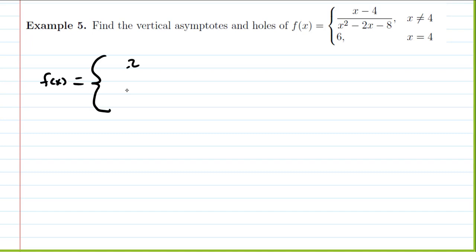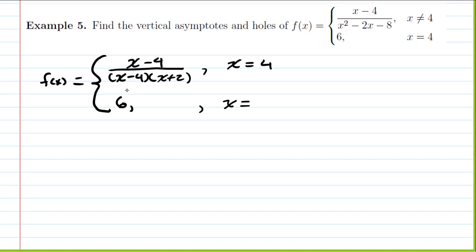So x minus 4 doesn't factor over, and our factors of -8 that give us -2 are x minus 4 times x plus 2. And that is our function when x does not equal 4. And when x is equal to 4, what do we get? It's 6 when x is equal to 4.